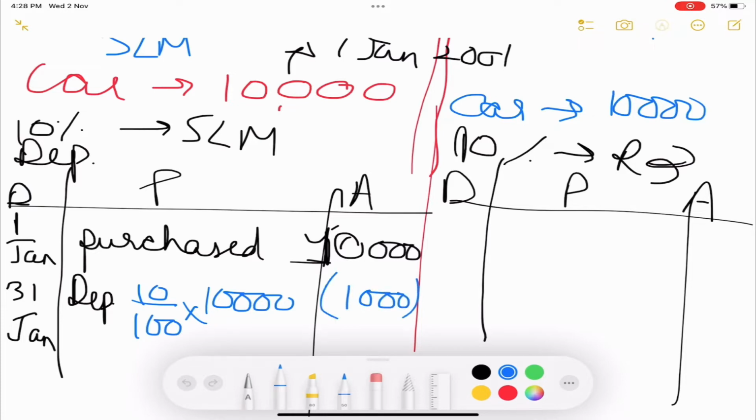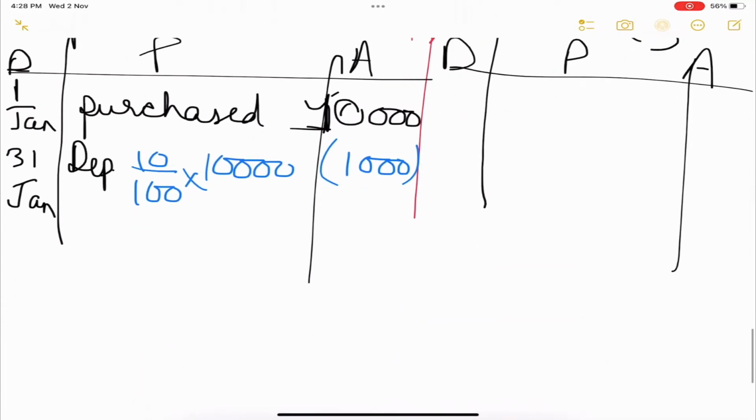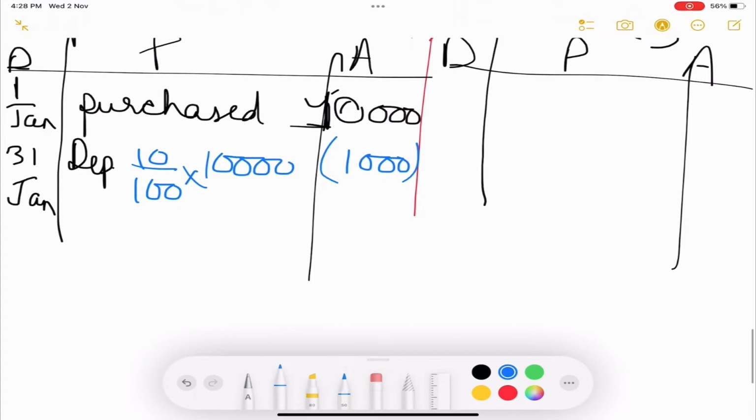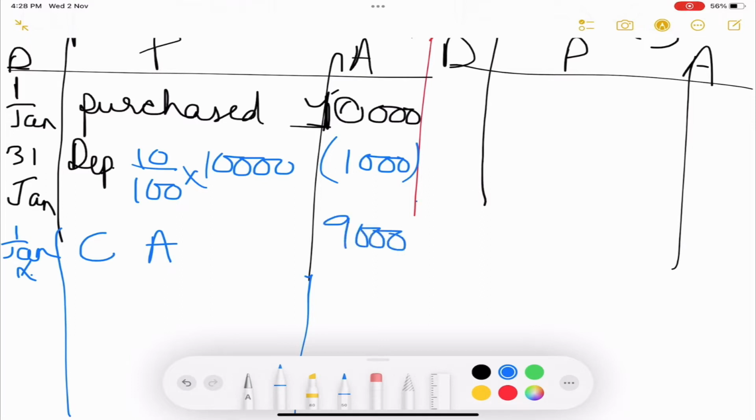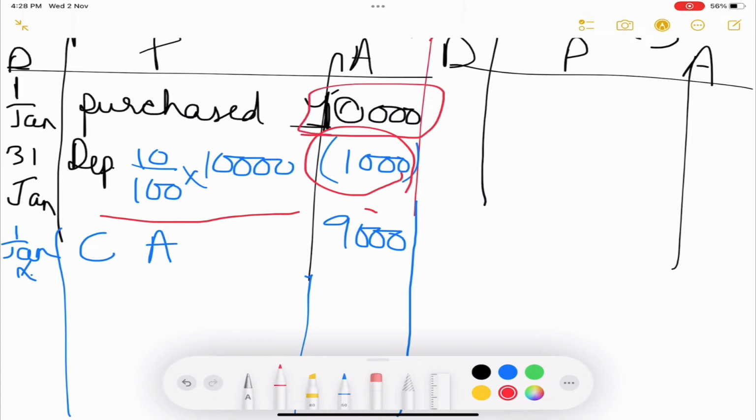So from the purchase value, you remove the depreciation. What will be the carrying amount? The carrying amount would be 10,000 minus 1,000, which is 9,000. That would be our carrying value, our carrying amount on the next year's 1st Jan. Clear about that? Let's say it is 2002. On 1st Jan 2002, the carrying amount would be 9,000. You know that using the straight line method, the depreciation remains the same every year, which is 1,000 every year.